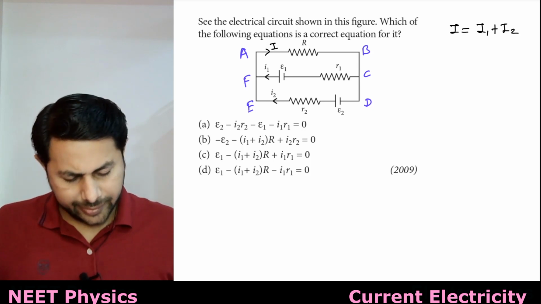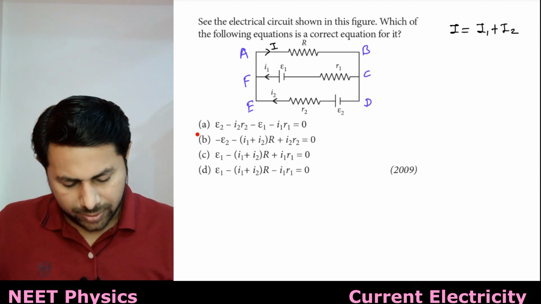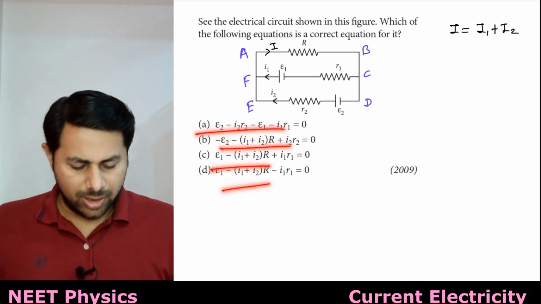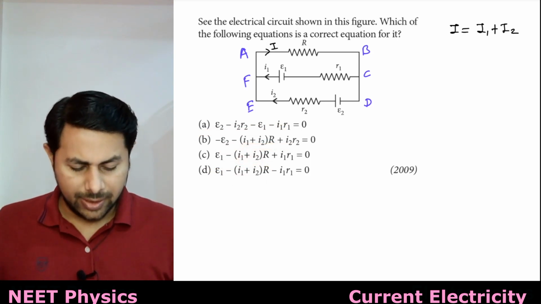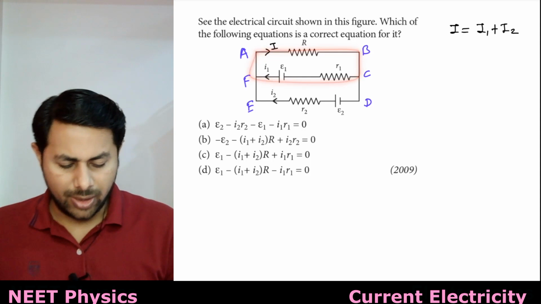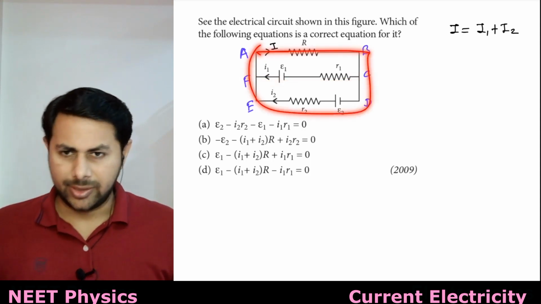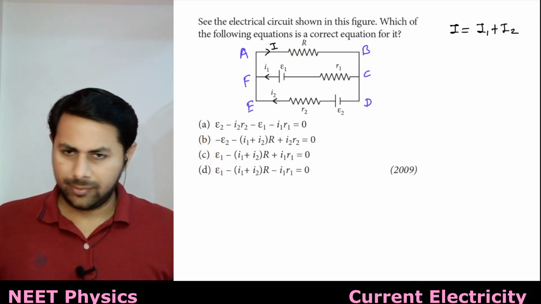Then see the options. In three options you have I1 plus I2, which means you need to take this loop or this loop first, and there are chances that you will get one of the options.